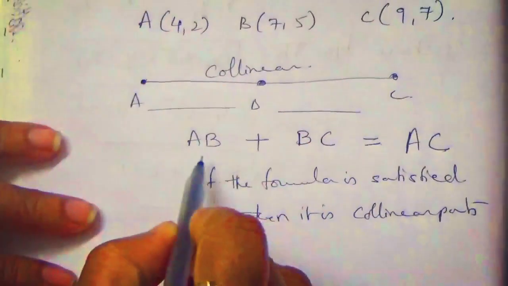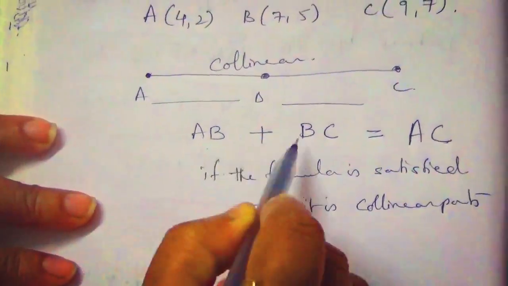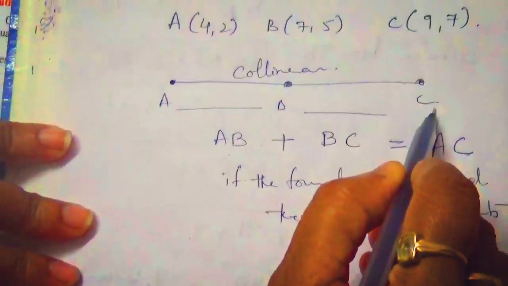That is AB plus BC is equal to AC. If the formula is satisfied, then they are collinear points. If A, B, C are collinear, it satisfies the condition AB plus BC is equal to AC.